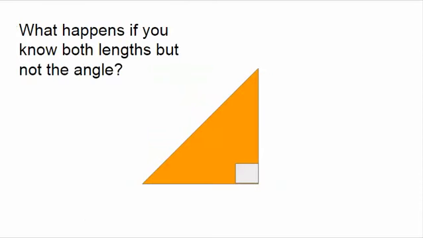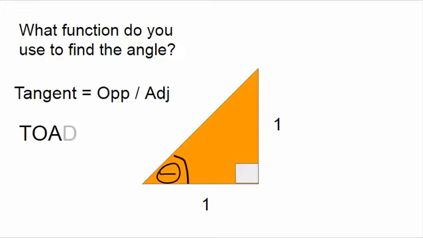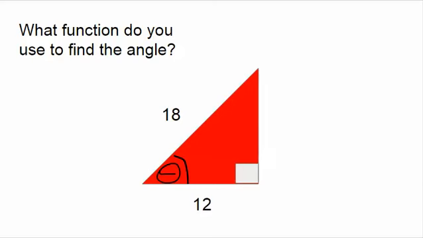What happens if you know both lengths but not the angle? What function do you use to find the angle? You would use the tangent function. What function do you use to find the angle?